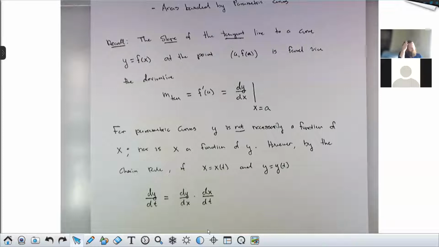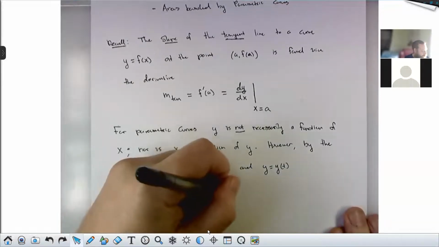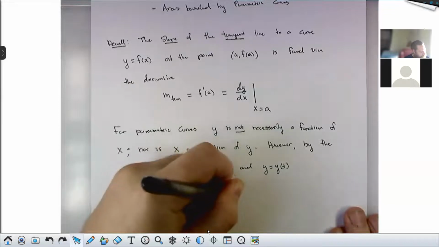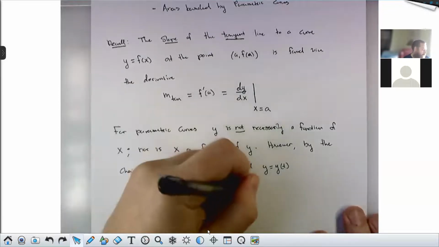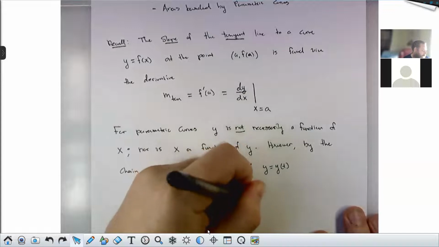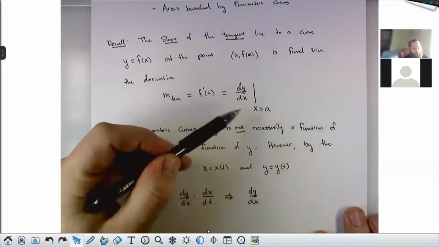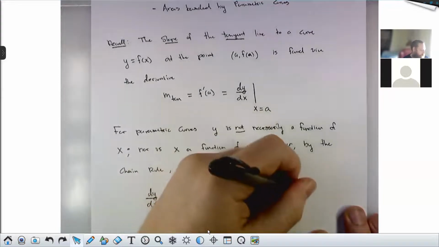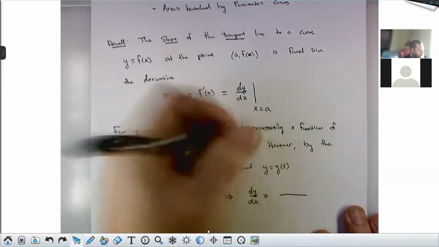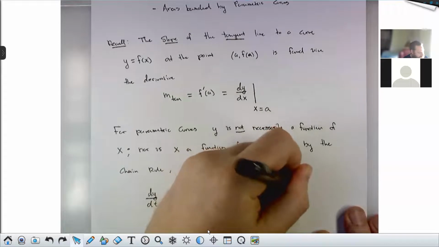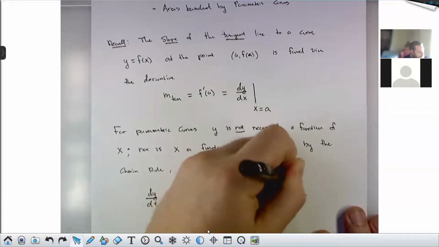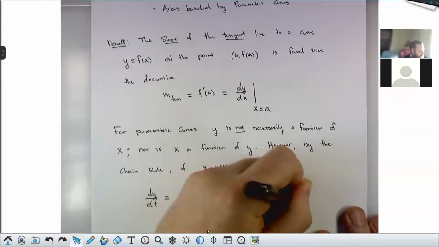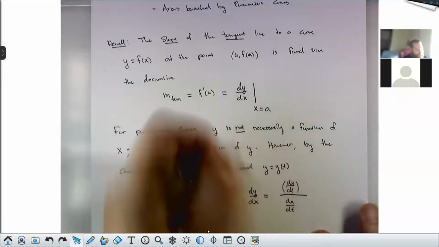And it is from this relation that we get the formula we used last time, which is that dy dx, the thing that we understand gives us the slope of the tangent line, is equal to the ratio of time derivatives dy dt divided by dx dt.